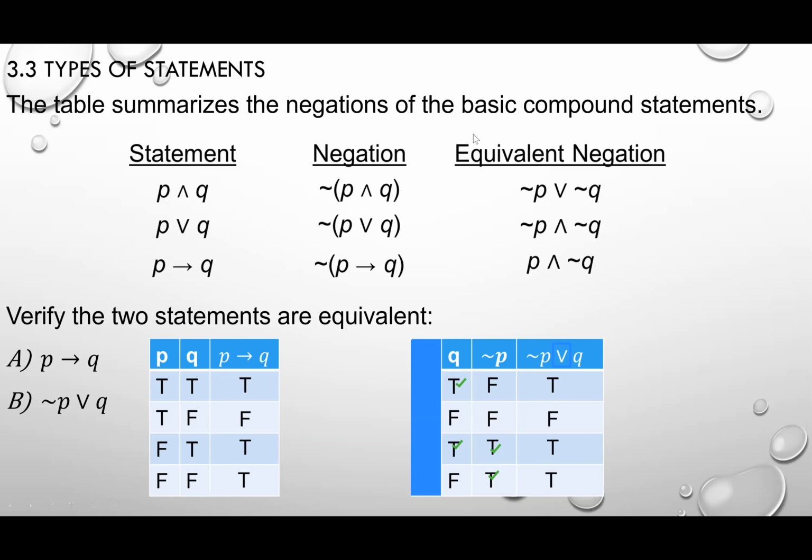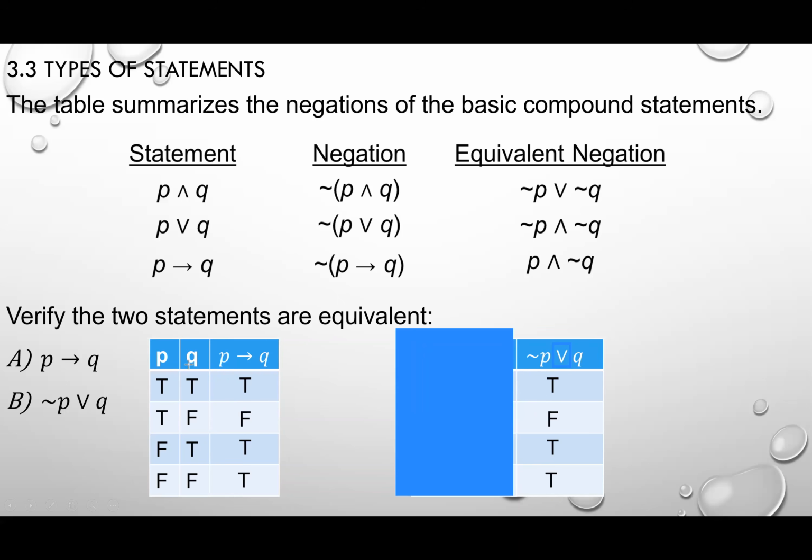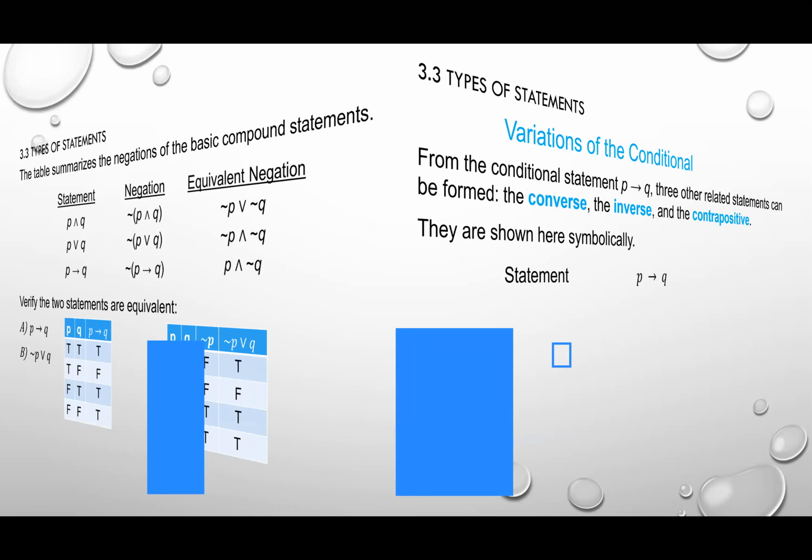And as you can see clearly, the end product of this item and the end product of this item are exactly the same. And if they are exactly the same, we say that these two items are equivalent. Everybody see that?